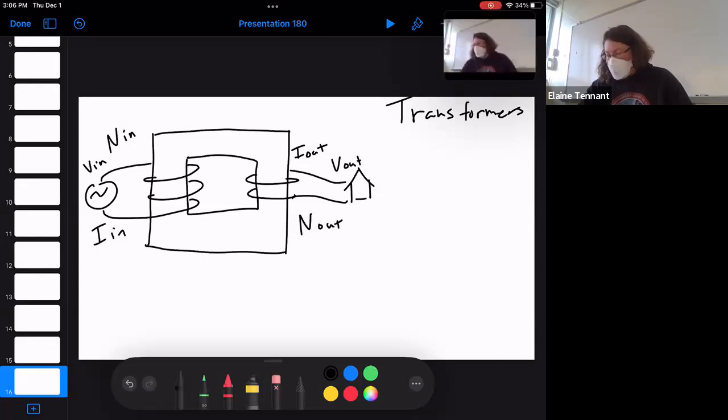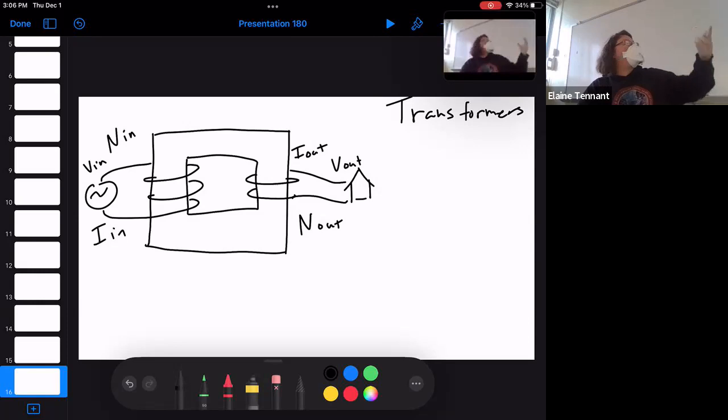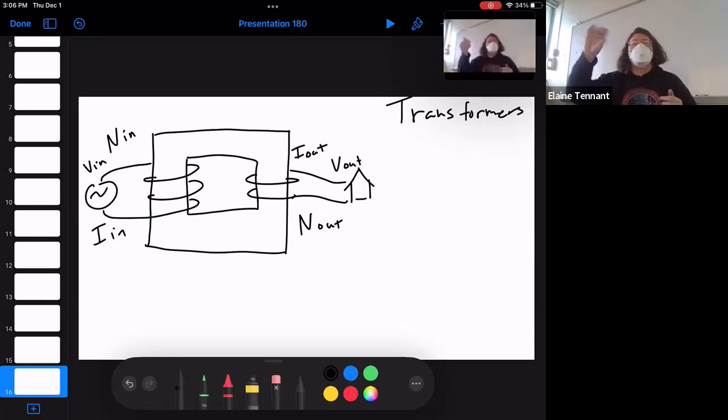Now, what's going to happen here is as this AC source wiggles its current up and down, it will create a magnetic field through these coils. And however often its current wiggles up and down, the magnetic field is going to flip.